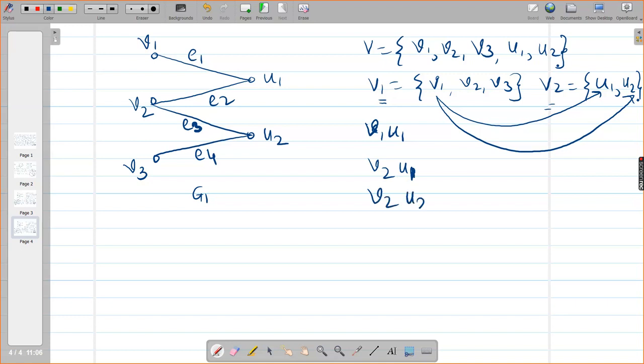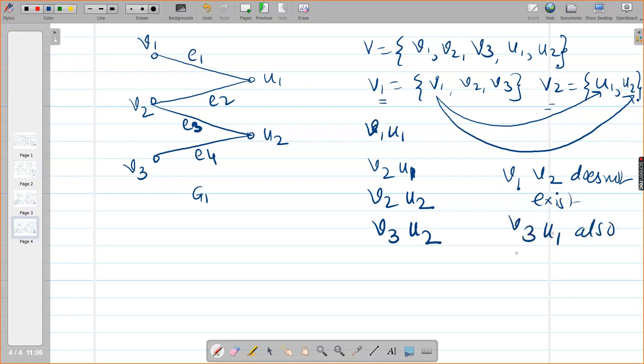V2 is adjacent to U2, is there. V3 is adjacent to U2, is there. So here we can find V1 U2 does not exist. And V3 U1 also doesn't exist. Okay, these two edges don't exist.